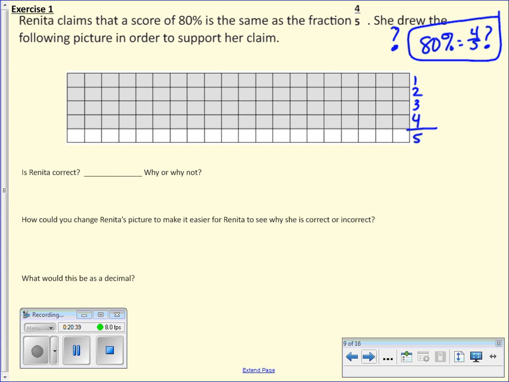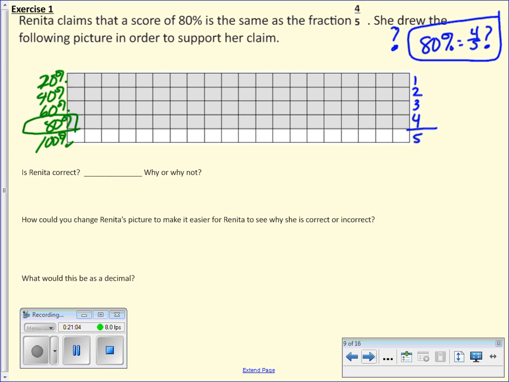How many are in each row? 20. So 20 times 4 is 80. So if we wanted to number this side, this would be 20%, 40%, 60, 80, 100%. We're looking at the 80%.